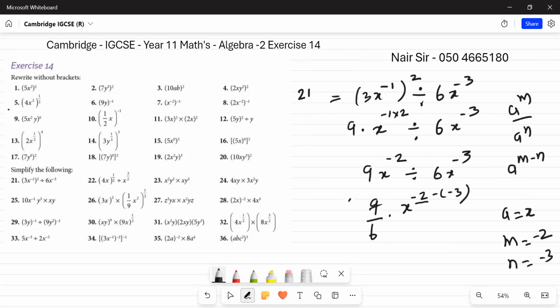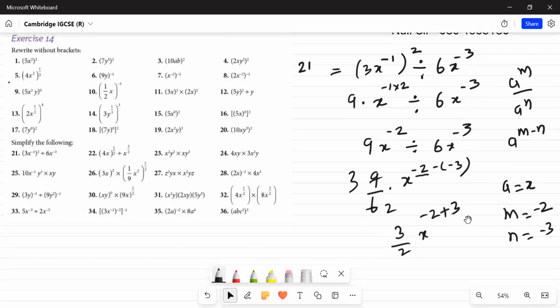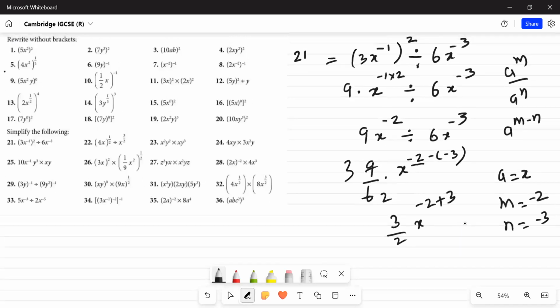I will get 3 upon 2, no need of solving this further, x raised to minus 2 plus 3. And what will that become? That will become 3 upon 2 x raised to 1. That's my answer. Okay, hope you are understanding it.